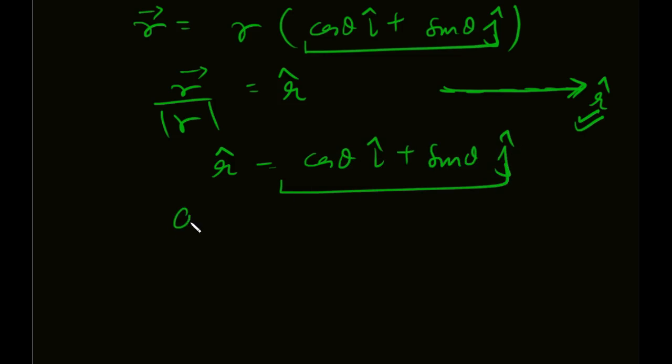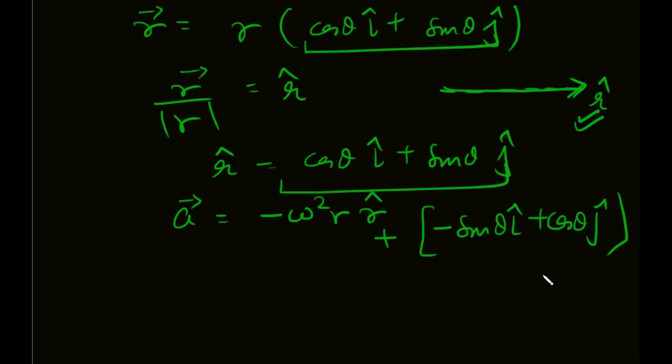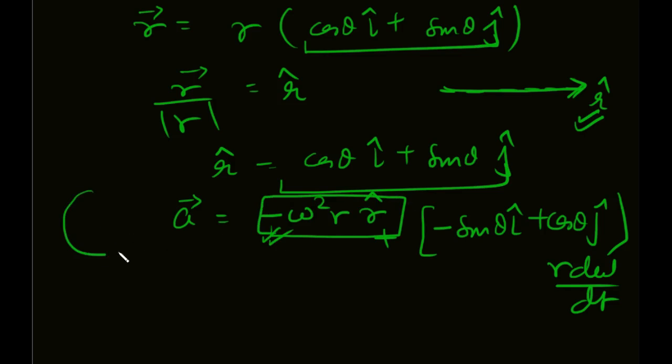So a consists of minus omega square r, and this term is r cap, plus minus sine theta i plus cos theta j times r d omega by dt. So we can see here omega square r cap. This means this is the radial acceleration, or we can say the centripetal acceleration directed towards negative r cap.